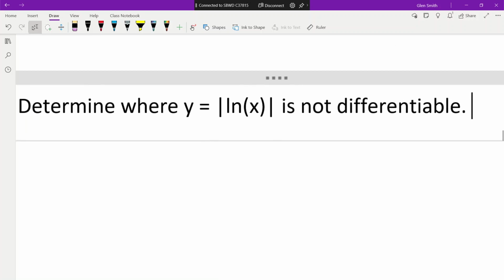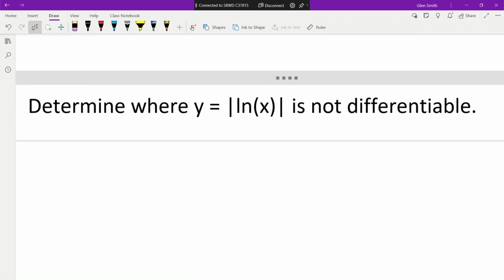Take a second, think about that. Discontinuities and vertical tangents. Luckily, we all know what the graph of the natural log of x looks like, right?